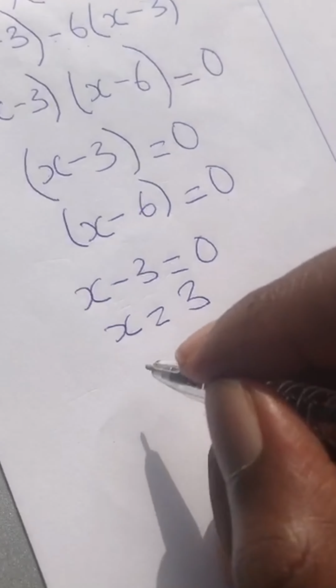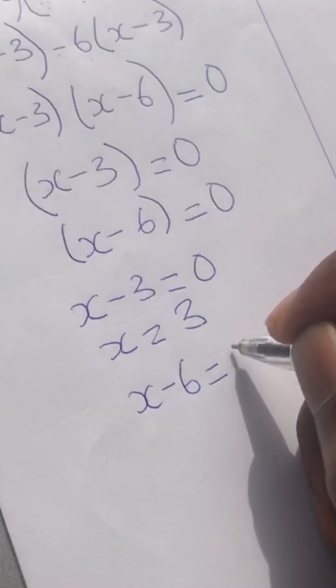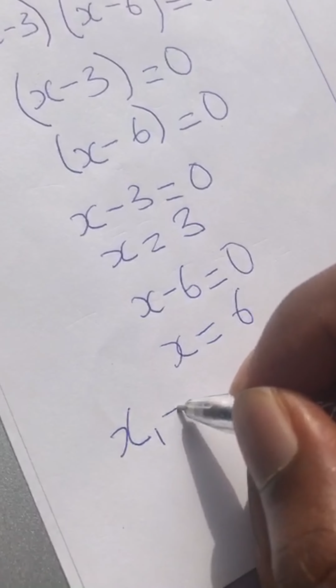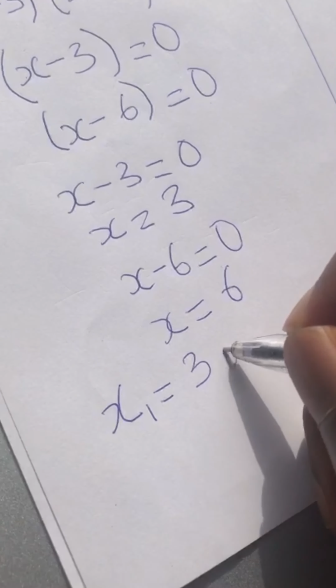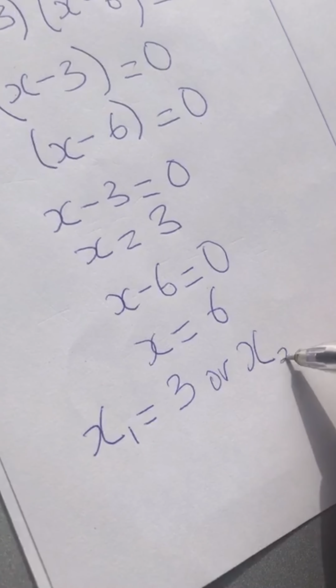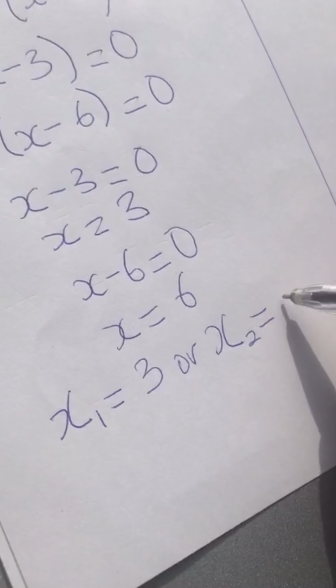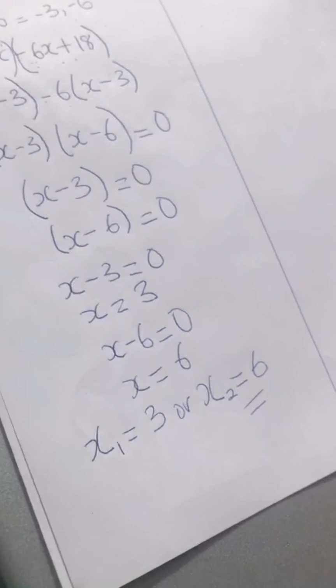And for the next one, x minus 6 equals 0, x equals 6. So our answers are: the first value of x, x1, equals 3, or in this case our second value of x equals 6. Thank you.